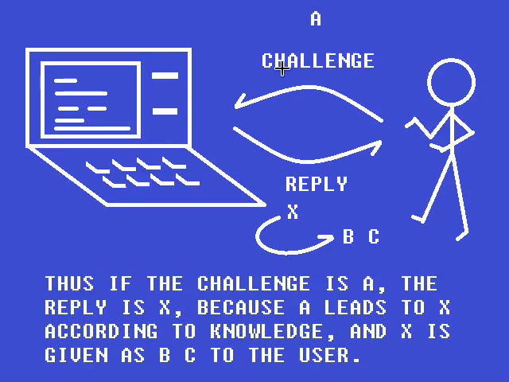So, if the user is saying A, we saw before that it should be replied to with X. However, X is an abstract atom. X is a superatom. It is not a thing of perception itself. For that reason, X must be decomposed into those elementary atoms which finally make up X, in this case BC. So if the user says A, the machine will reply with BC.